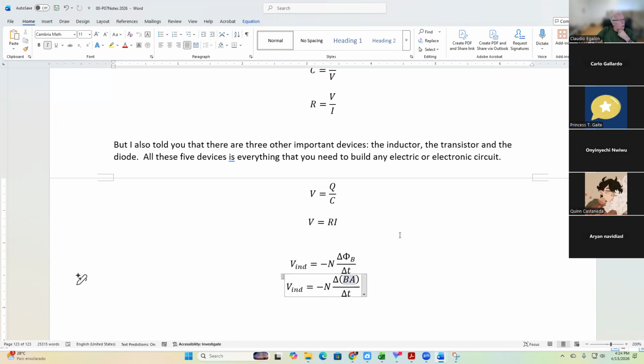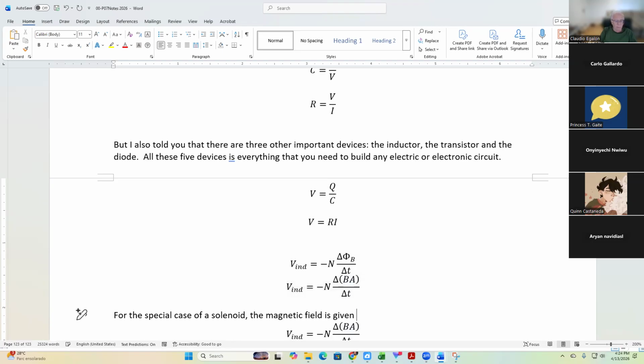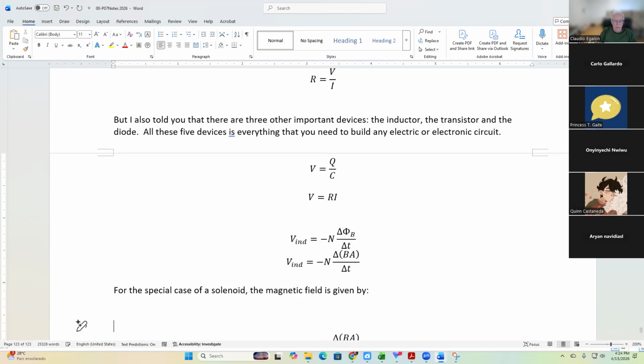But we also know that the magnetic field is always proportional to the current, right? I'm going to do this for the special case of a solenoid. Remember we derived it in the lecture, a uniform magnetic field for the solenoid.